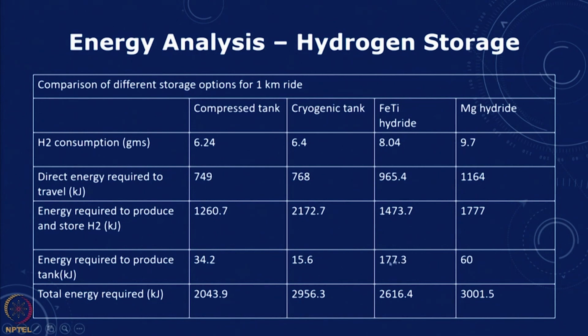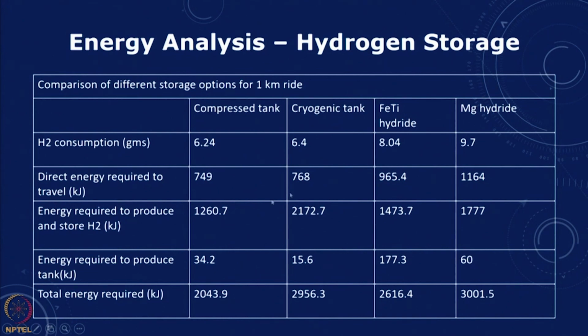You can see that some methods of storage require relatively less energy. For instance, magnesium hydride seems to be better than FeTi hydride in the case of production and storage.